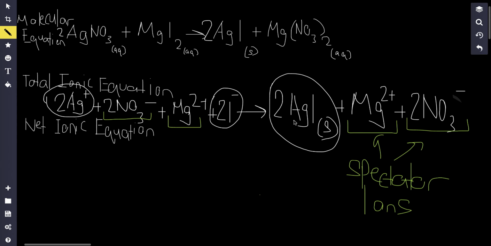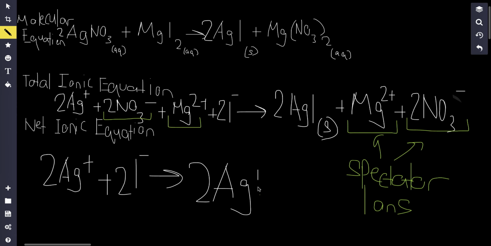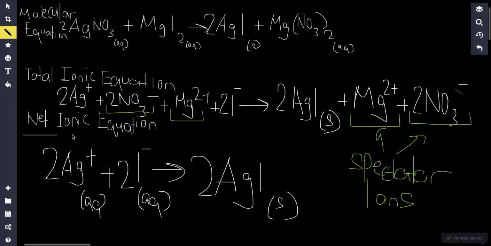If I write out what's actually happening, it's 2 Ag plus, plus 2 I minus, yields 2 AgI solid. And then both of these are aq, like so. This is known as the net ionic equation. It tells us very specifically what's actually happening.